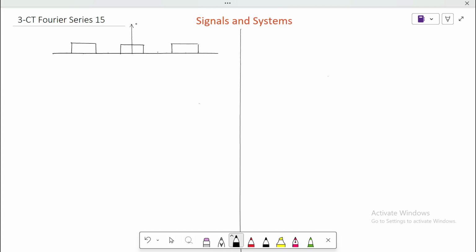This is a rectangular pulse. We are assuming this is g of t. It is from minus t1 to plus t1. This is the time period, repeating from here to here. This is T by 2, minus T by 2, minus T. Its magnitude is equal to 1.